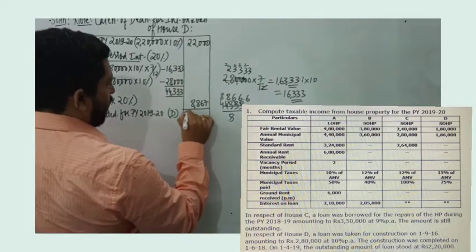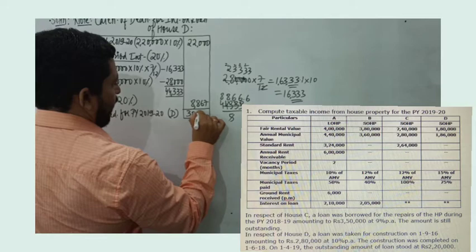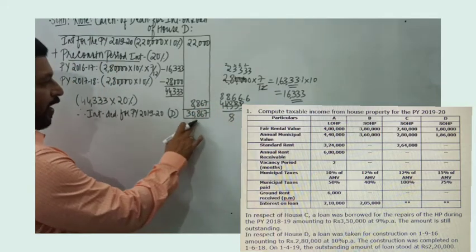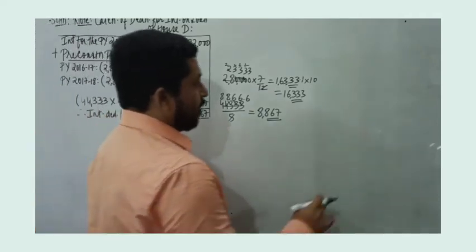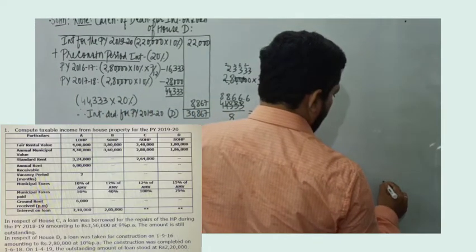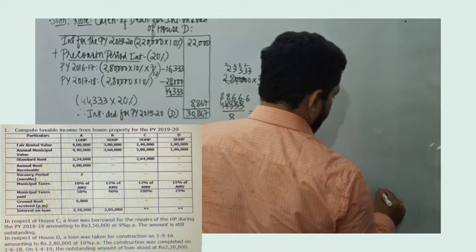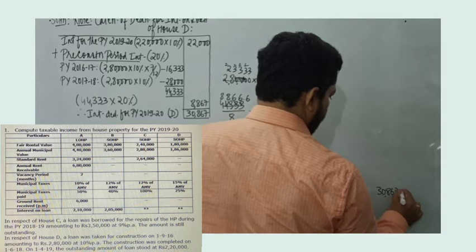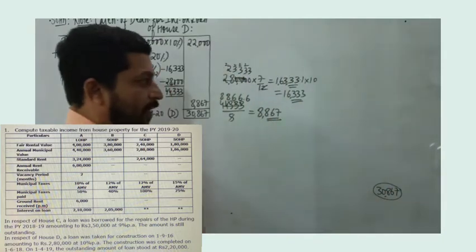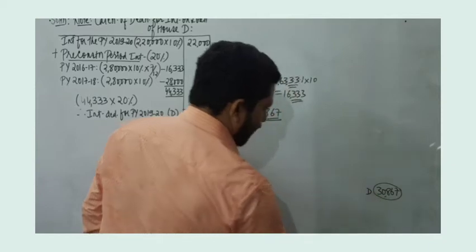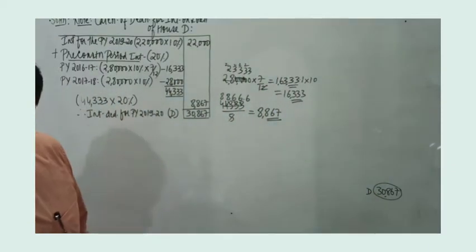So total will be 30,867. So this is the working note and we will need this number. So I'll be just recording this number right here. 30,867 will be the number that will be needed for us as far as house D interest is concerned.